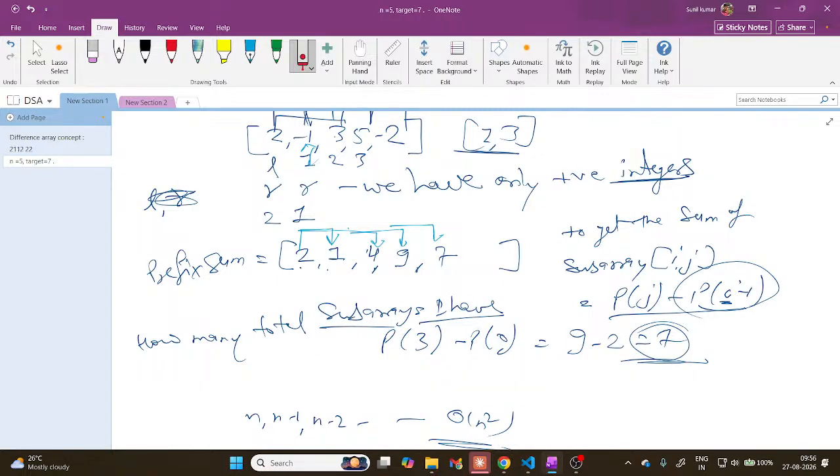Now, if I can sort it, let's say, if I sort it here, 1, 2, 4, 7, 9, right? And if I want to calculate the answer, then 4 minus 1.